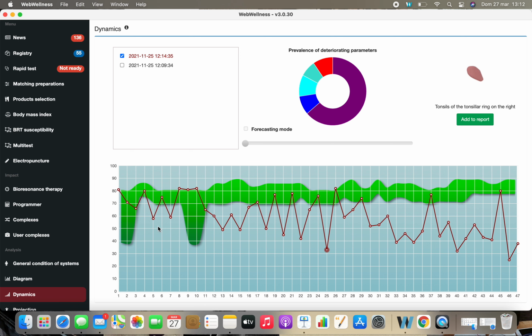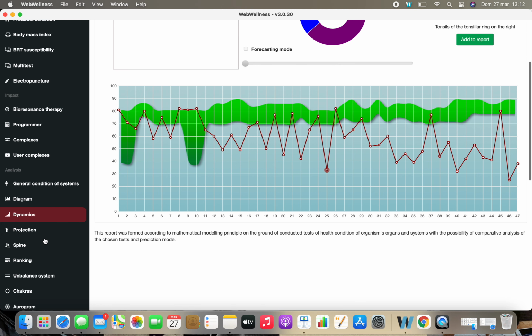Because basically with electroconductivity test, this is a test we have done, what we measure is information about organs and systems using our nervous system through the intercellular matrix space.